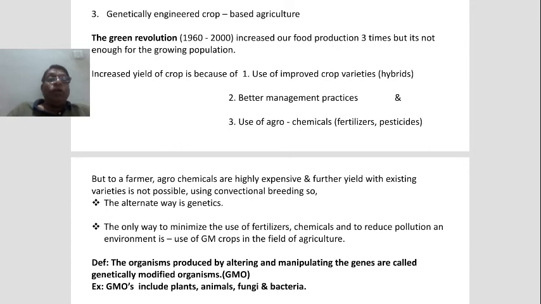The only way to minimize the use of fertilizers, chemicals, and to reduce pollution on environment is use of GM crops. GM crops means genetically modified crops.